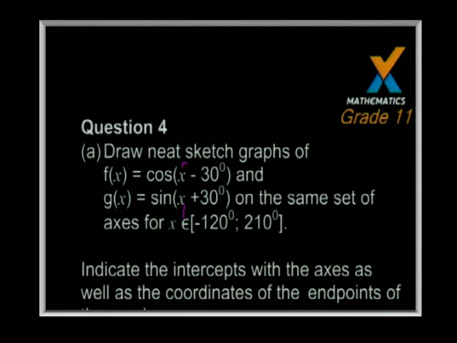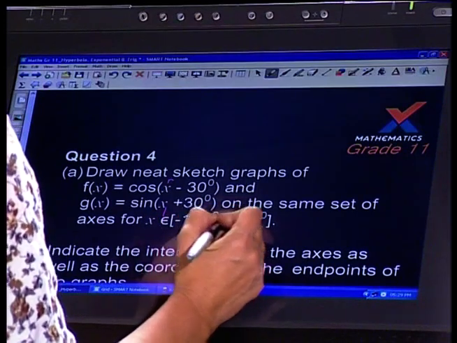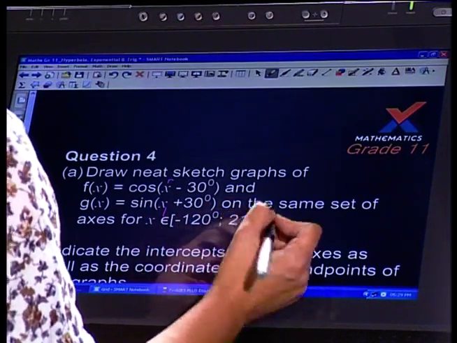Now it says on the same set of axes for where x is between negative 120 degrees and 210 degrees. They haven't made this easy for us. They've moved things around, and now they want it from a funny angle to another funny angle. So we're going to start by first drawing sketch graphs of them, not neat ones, just a little rough one to give us an idea of intercepts, and then we're going to move on to the neat one.